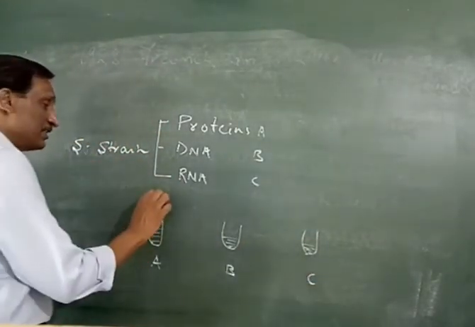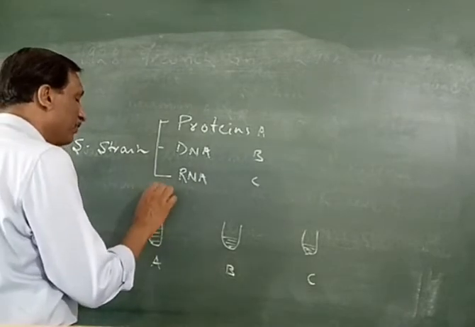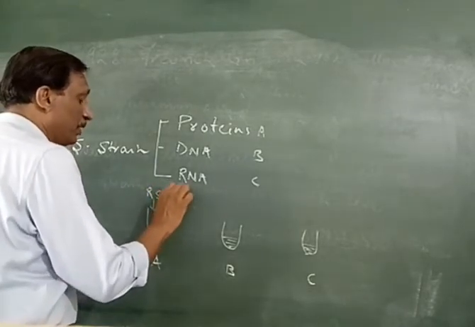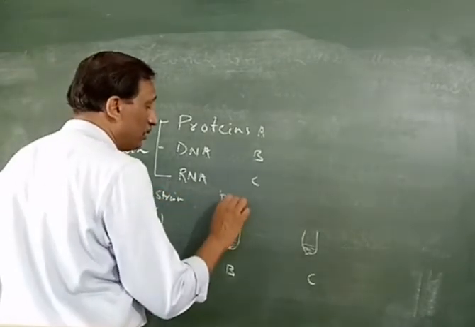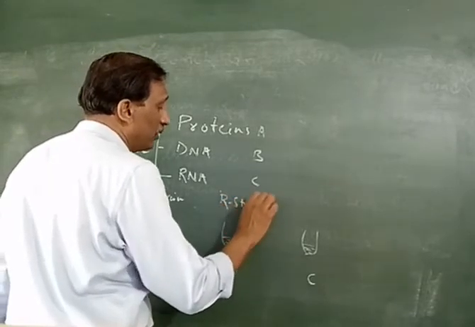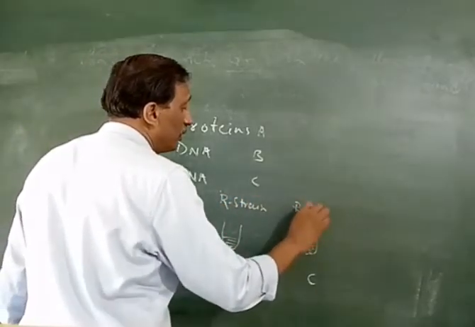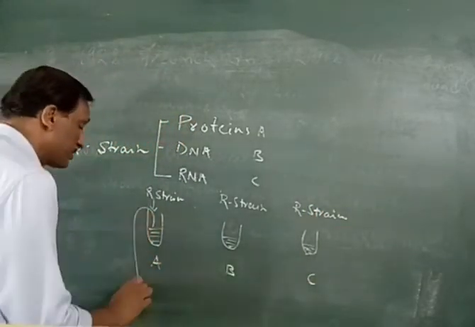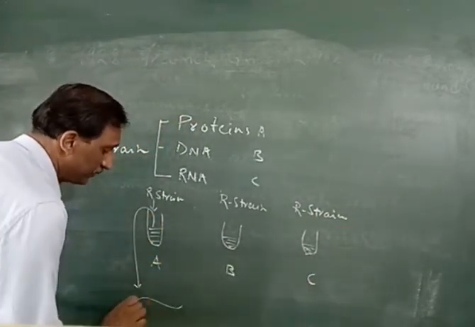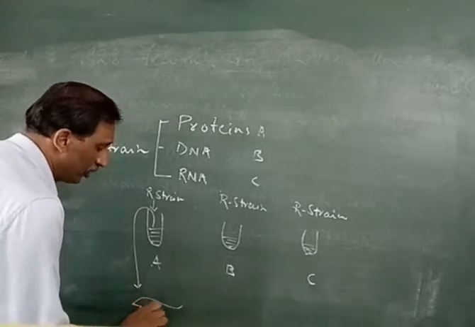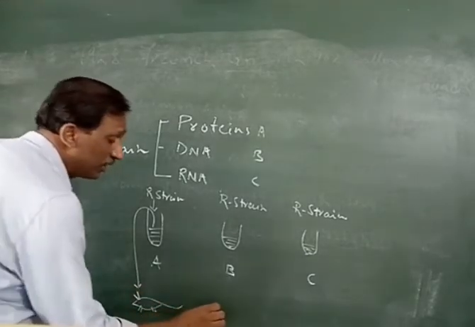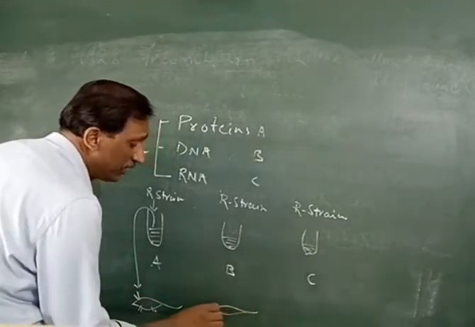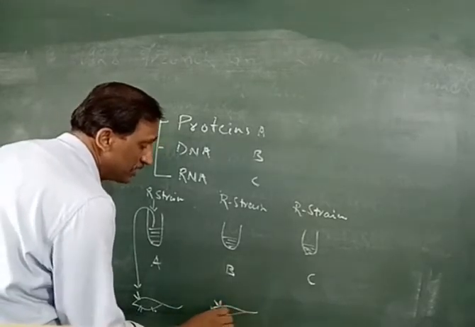And they added some amount of R strain bacteria. And then they injected this into the rat to see what molecule can cause disease.